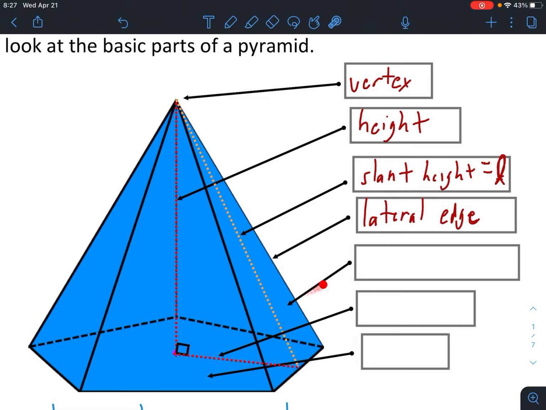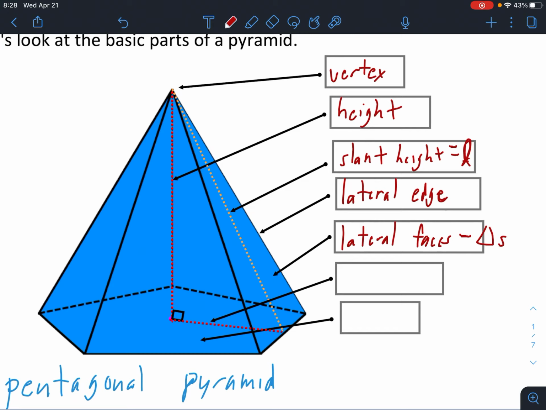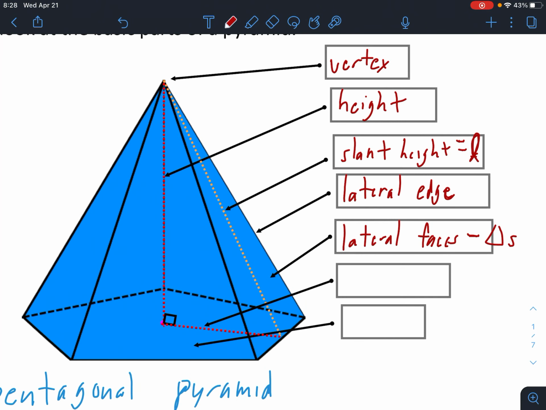The next box down here is pointing towards this face, this blue face over here. Since it's not the base, that's just one of our lateral faces. And we already talked about this, but for the pyramids we're working on here, these are always going to be triangles. The next one here is pointing towards this red dashed line.